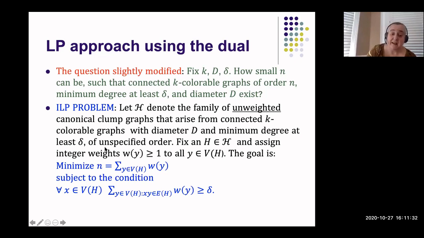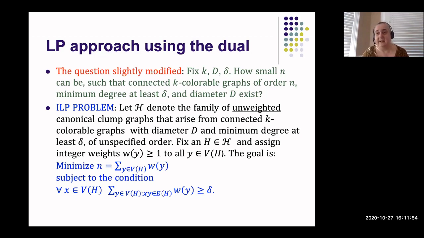The goal is to minimize the total number of vertices, which is the sum of the weights, subject to the condition that everybody must have at least delta neighbors. So every vertex in the clump graph, if you add the weight over its neighbors, it's at least delta. Okay, fine. This is a linear programming problem.